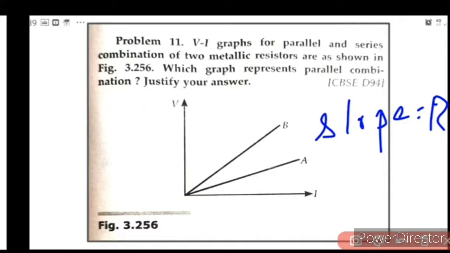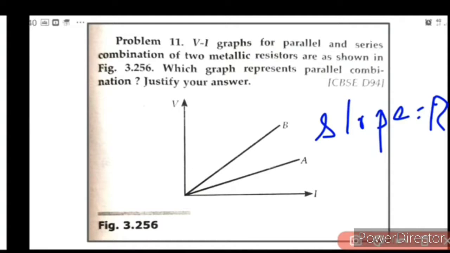Now it's given, it shows the parallel and series combination of two metallic resistors. You're asked to find which one represents parallel. Justify your answer. If two resistors are connected in series, the effective resistance increases, and when the same resistors are connected in parallel, the effective resistance will decrease. That means it will be less than the lowest value.